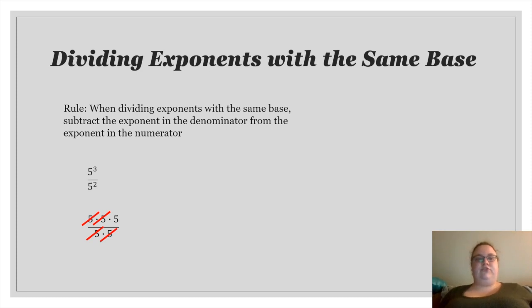It simply changes form. So essentially what we have here is two sets of 5 over 5, and 5 over 5 is 1, because anything over itself equals 1. So what we really have is 1 times that remaining 5, which gives us an answer of 5 to the first, but of course we would drop that 1 in our exponent and simply write this as 5.